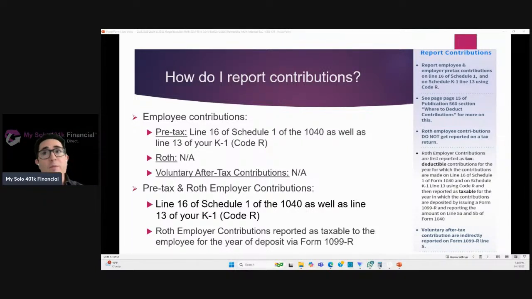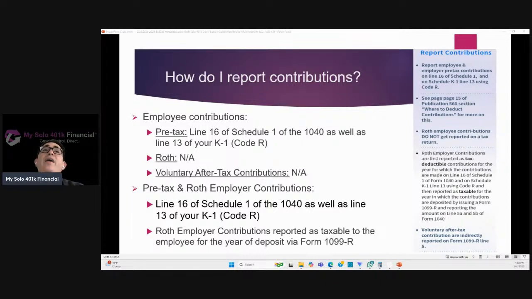So for example, for 2025, if you have the self-employment income to justify it, you can contribute up to $70,000 as a mega backdoor Roth contribution, or even more if you're age 50 or older. If you're age 50 or older, you could go up to $77,500 or even $81,250 because of the super catch-up contribution limit, with all of those funds in a Roth account where you've got that potential for tax-free growth.